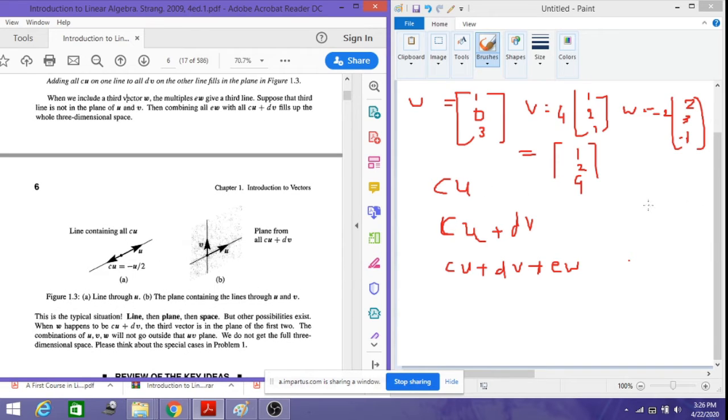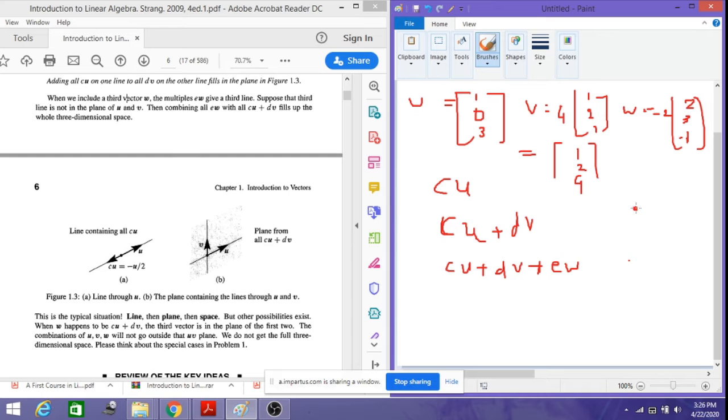For the first one, if this is the starting point 0, and you move to this side, this is the U direction. If C is positive, we will move in this direction. Otherwise, if C is negative, we will move in the opposite direction, so this will be minus C into U. Likewise, with U and V, we'll get vectors like this.